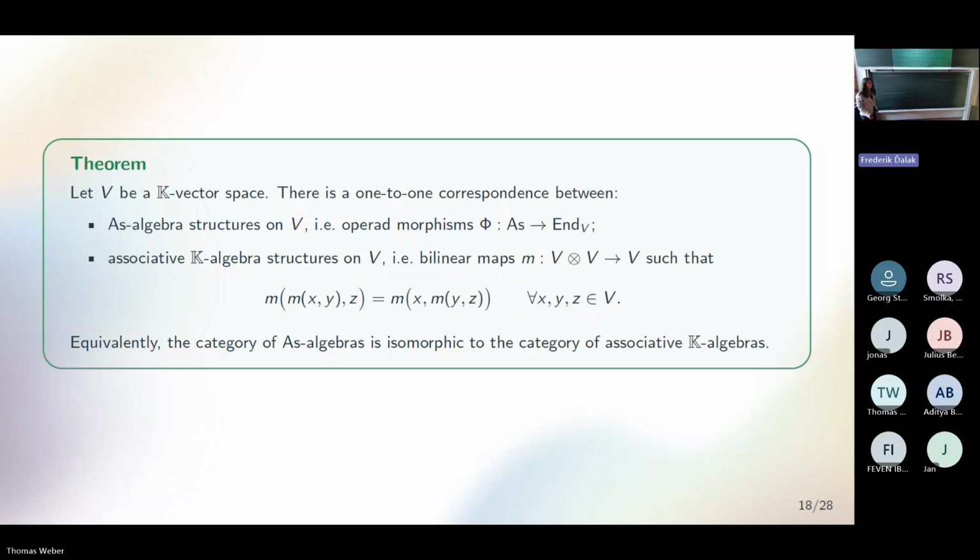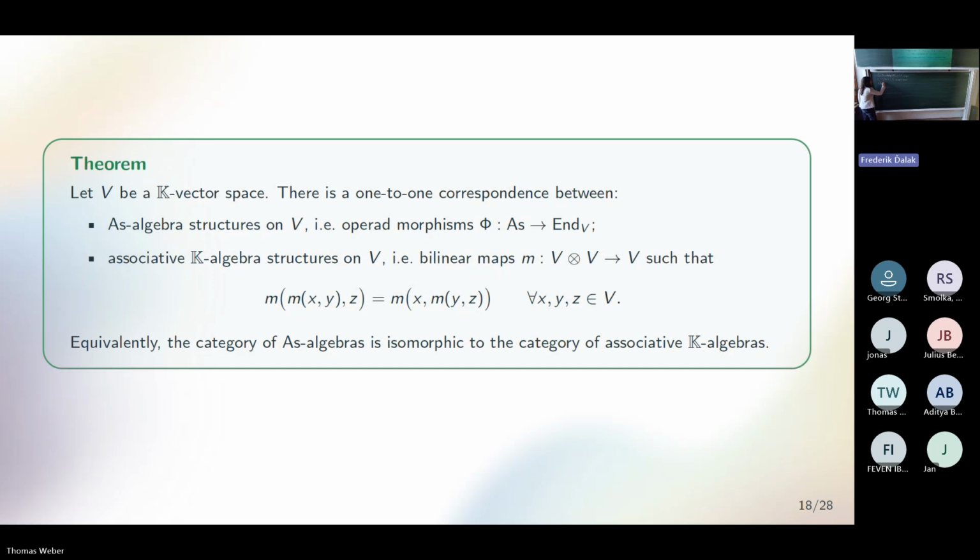The proof is by constructing two functors, because here we would like to prove an isomorphism of categories. So we have to construct two functors, a functor F from the category of algebras over the operad As to the category of associative algebras over the field K. This is my notation. Then we will check that everything is well defined, so that F is well posed on objects and morphisms as well.